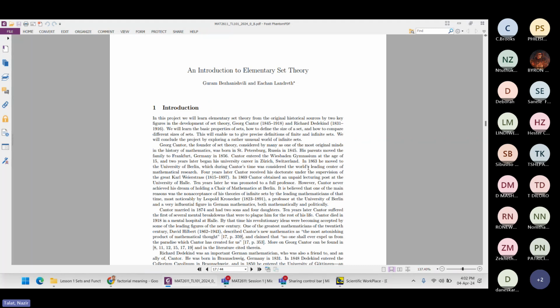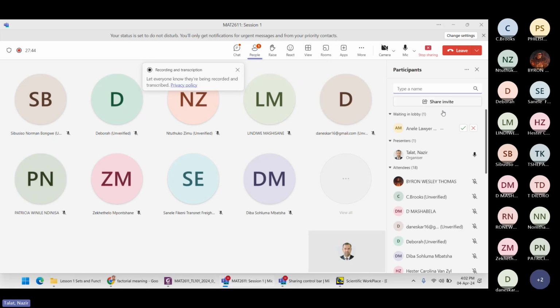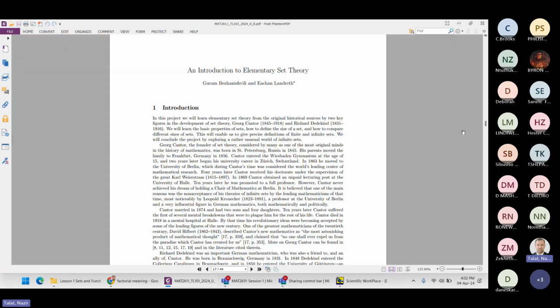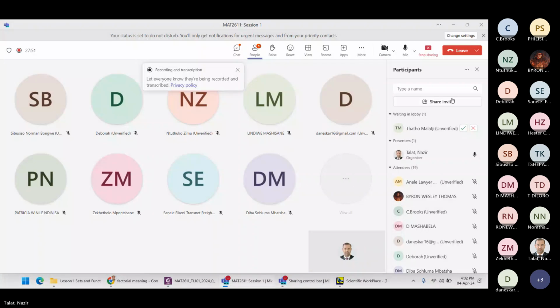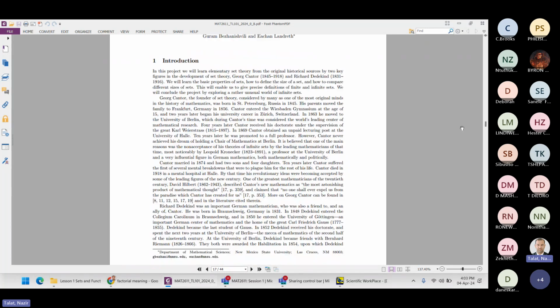So we start our session on that, and we also describe some problems of this MAT2611, as well as certain examples of functions and sets. Basically, this session will start from sets.